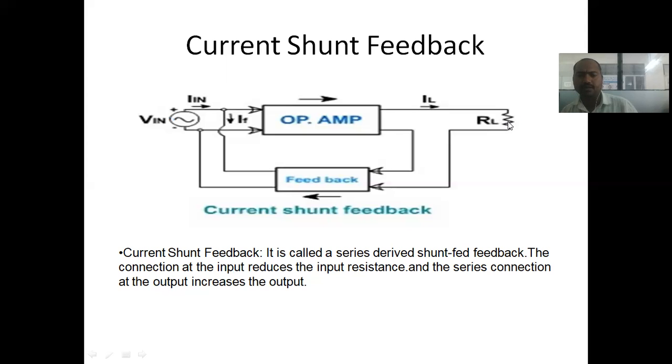Means what happens, input reduced is not acceptable, because if input resistance is reduced, due to that any noise signal coming with respect to the input, right? If the output resistance is reduced, it is acceptable, if any devices should be connected across it.